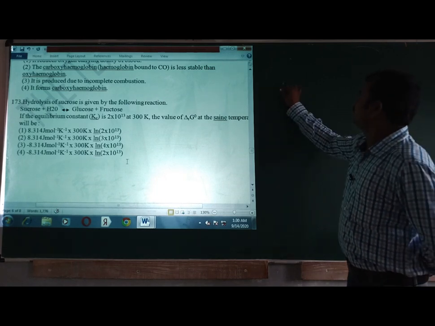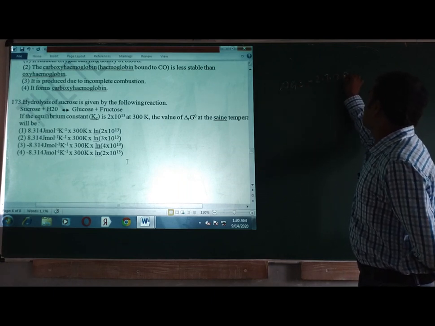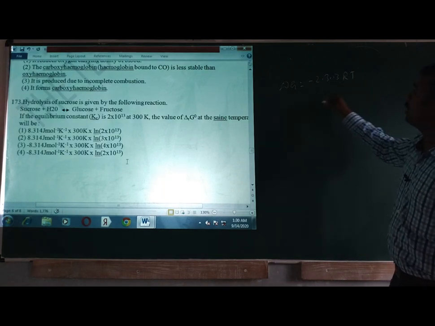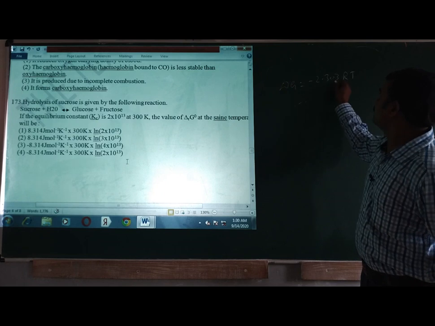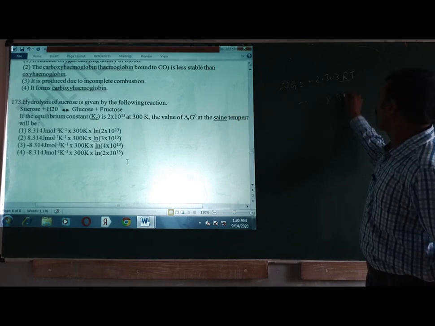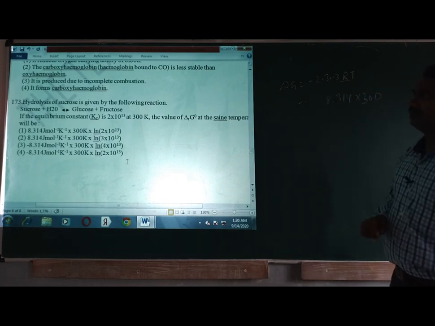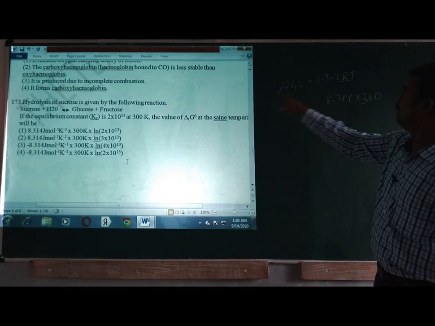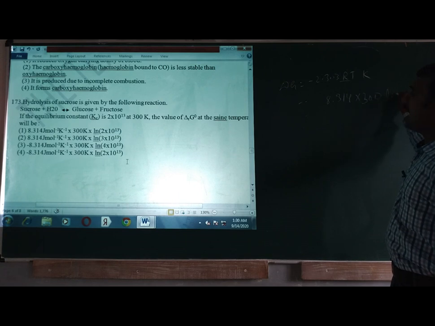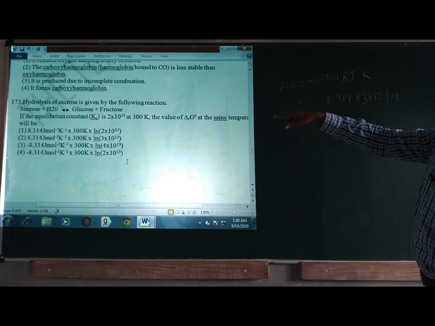Delta G equals minus 2.303 RT log K. If we convert log to ln, we get, with R given as 8.314 joules and temperature 300 Kelvin, ln K, where the K value is 2 into 10 to the power of 30.